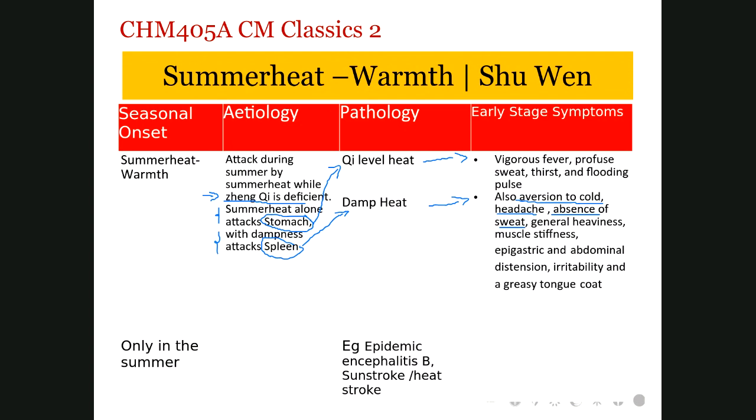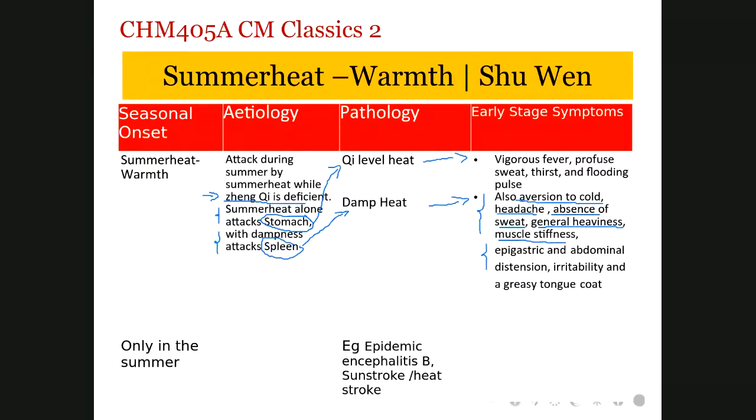And then internal dampness also results in general heaviness and stiffness of muscles, epigastric abdominal distension, indigestion, irritability, and a greasy, red tongue, which are general signs of internal dampness or damp heat involvement. But here are the typical wei level conditions that happen in summer. Does that answer your question? It answers the previous questions, something missed from previous slides. So it's good to help understand each other.